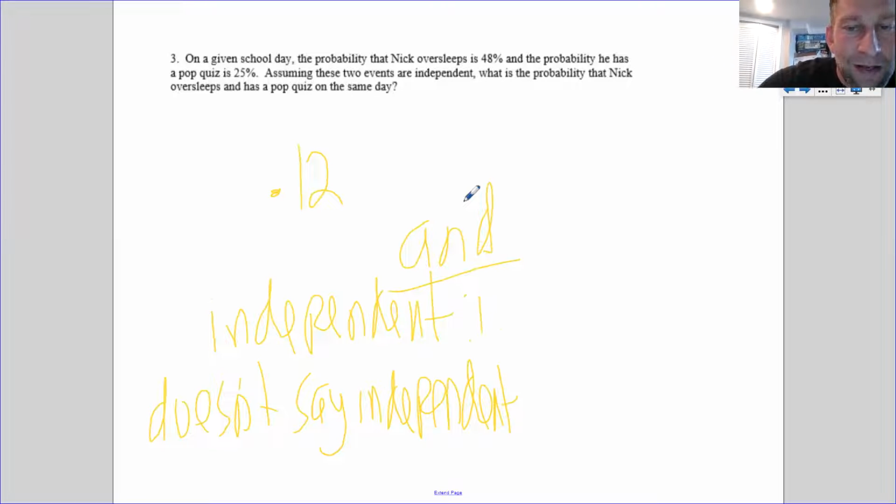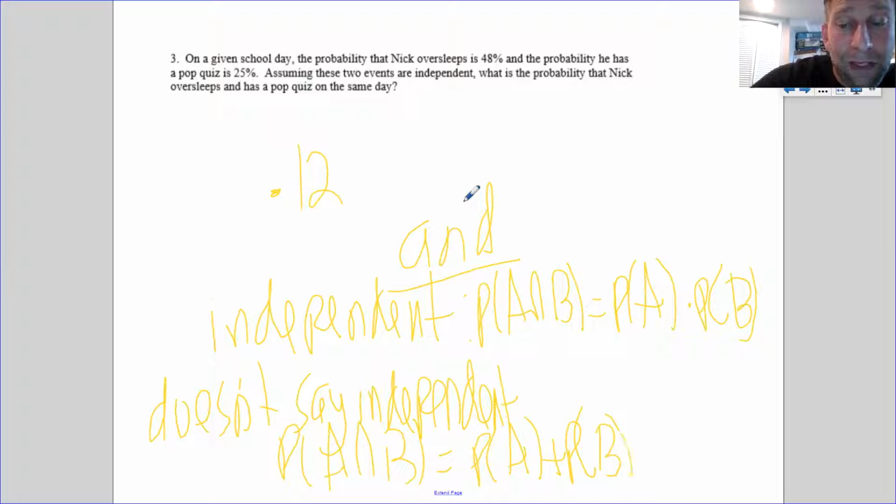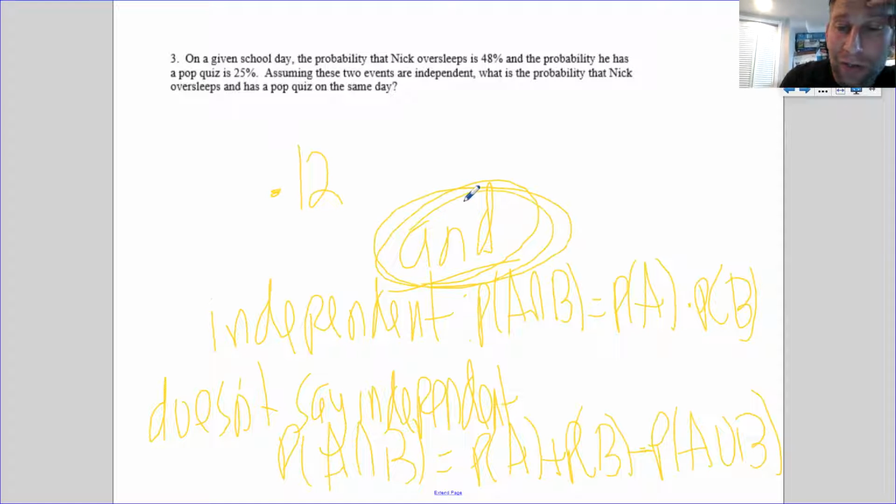If it says independent, then P of A and B equals P of A times P of B. If it doesn't, then P of A and B equals P of A plus P of B minus P of A or B. So that's the tricky part about and. There's two different formulas to use depending on if it says independent or not.